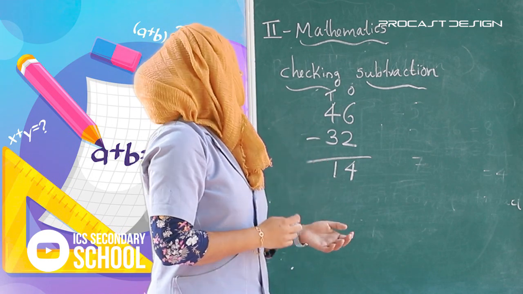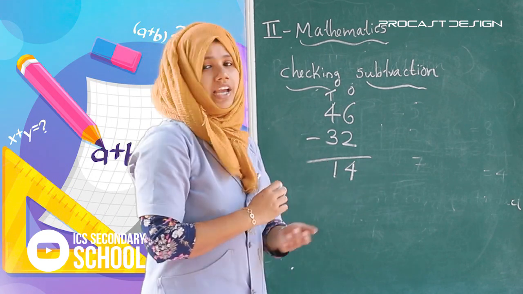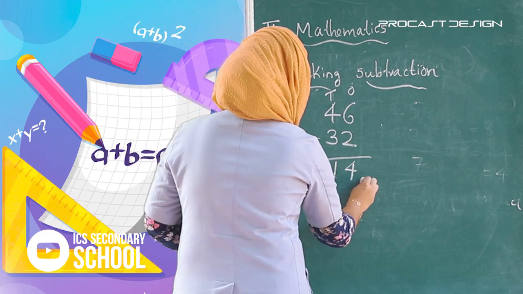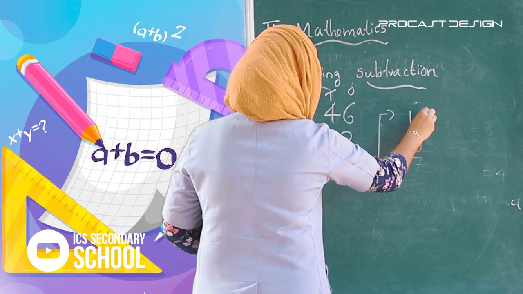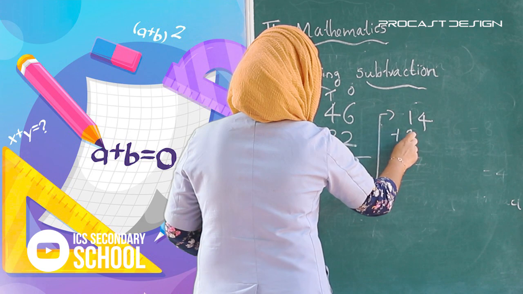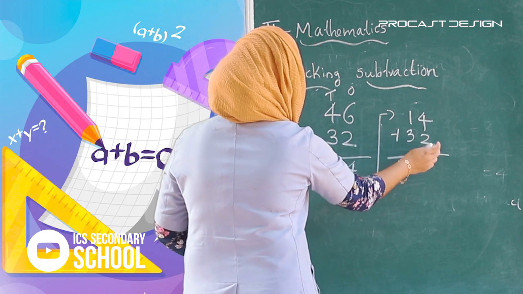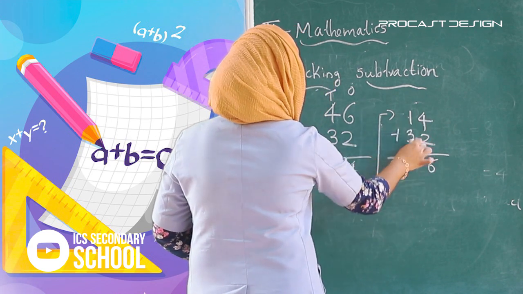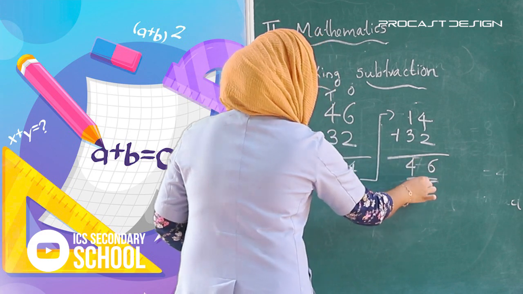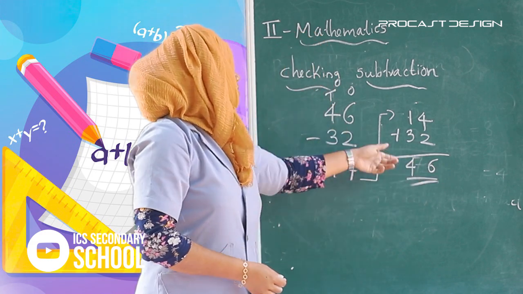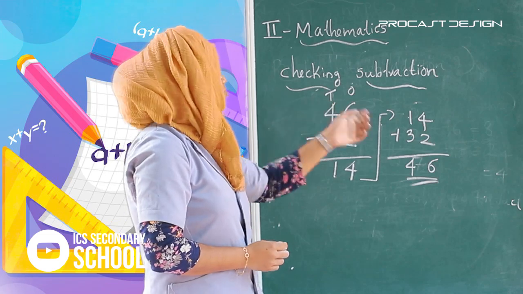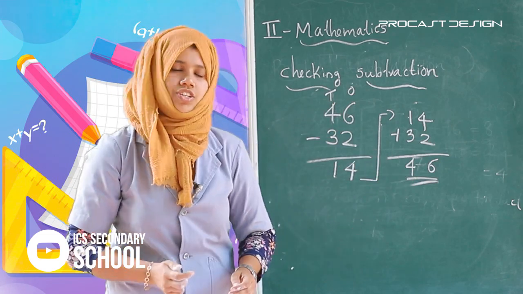Okay. Next, how to check the answer? Yes, we add the difference with the smallest number. So, here 4 plus 2 is 6. 1 plus 3 is 4. So, yes, the same number we get, 46. So, the subtraction is correct.